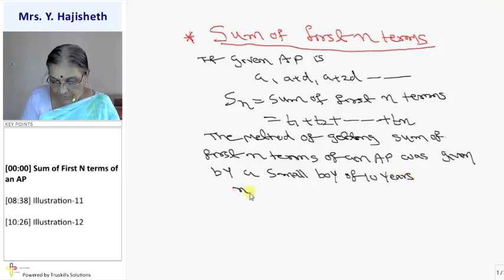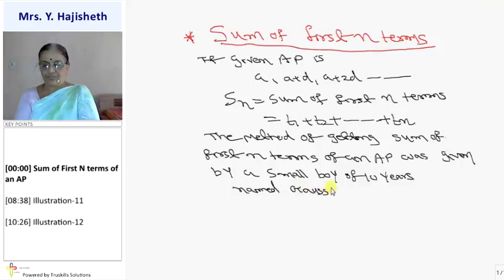His name was Gauss. You must have heard of him. He invented many new things in chemistry also, physics also, and math also.